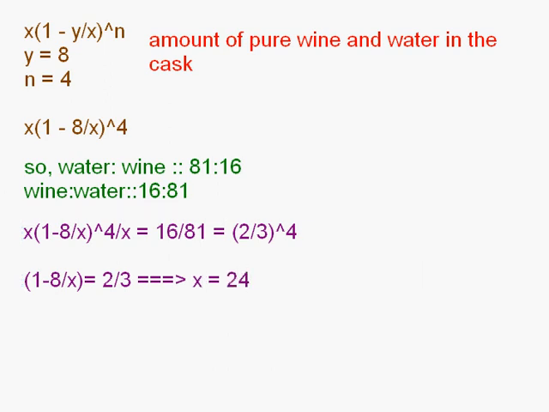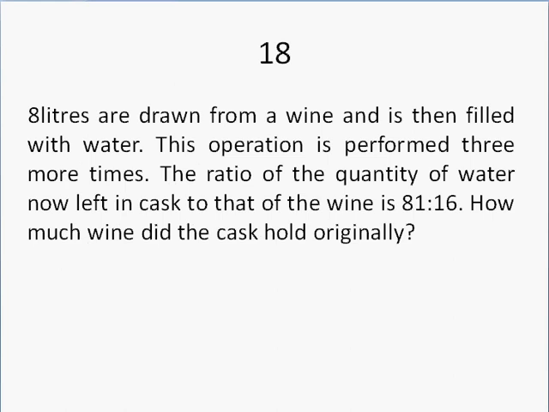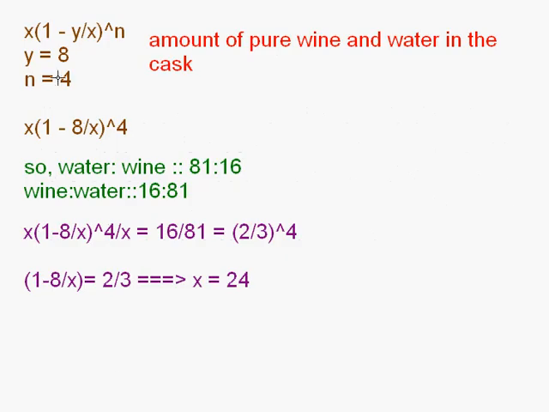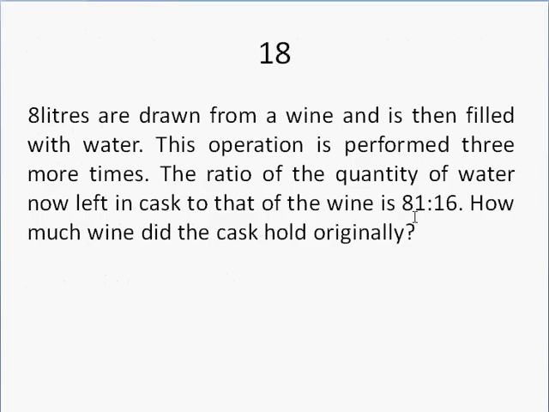The key points for this question: 8 liters are drawn from a wine and is then filled with water. As soon as you read the line that it is then filled with water or replaced with water, you should apply this formula quickly. Fill in the values that you already know: y is equal to 8, n is equal to 4. This formula gives us the amount of pure wine present in the cask, but the examiner has given us the ratio of water to wine, that is 81 to 16.